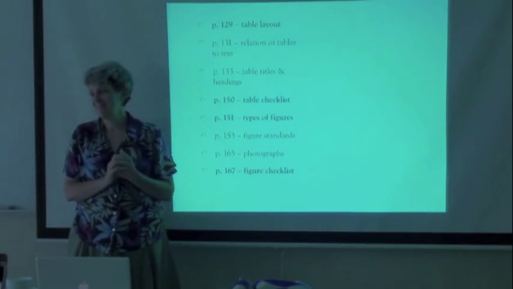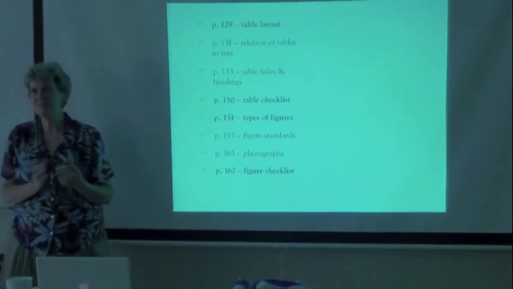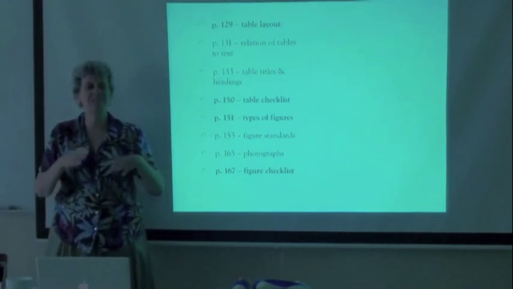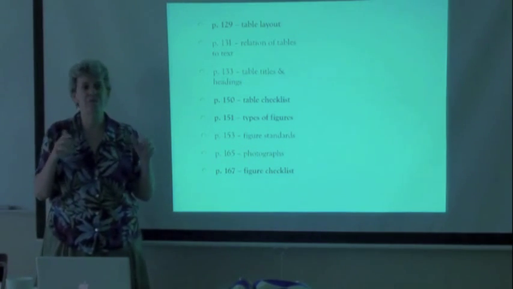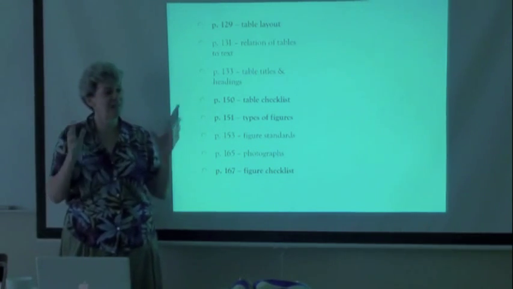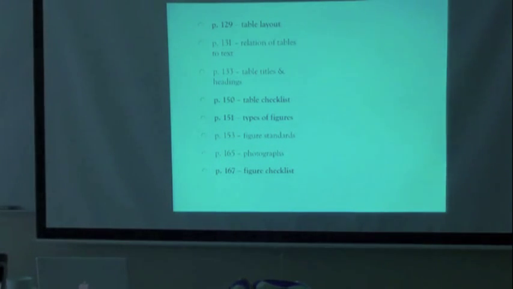Is it like a graph? It could be like a graph. It's more like a picture, not a photograph, because there's another section for photographs. It's more of a demonstration. It's something that can't be put in a table format, but still explains what you're doing.